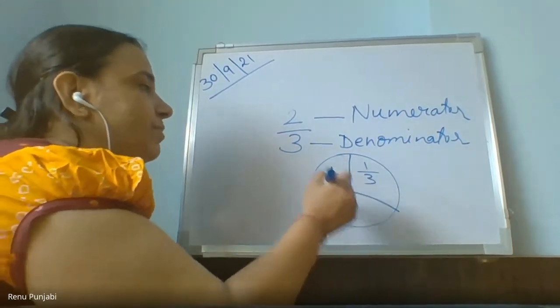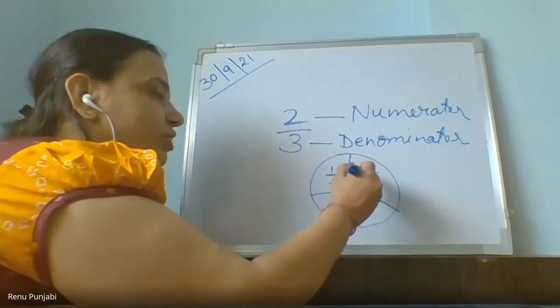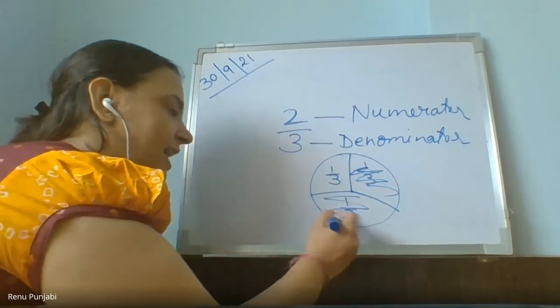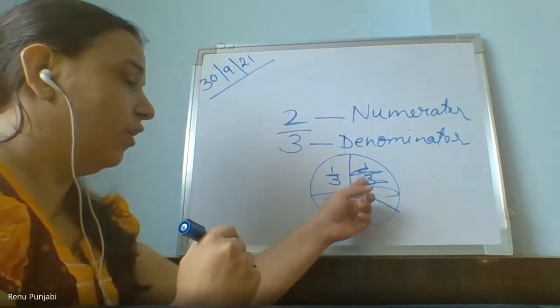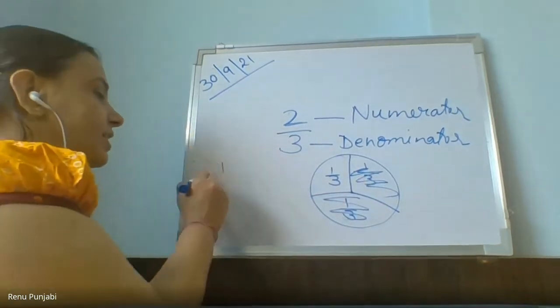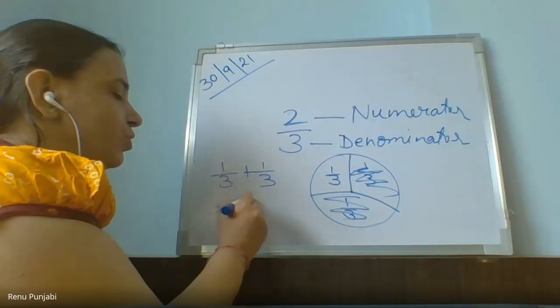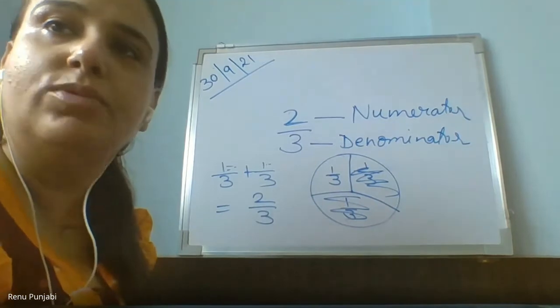Out of these 3 parts, you have given 2 parts, any 2 parts. So how many 1/3 make 2/3? 1 upon 3 plus one more 1 upon 3 makes 2 upon 3. Yes, two 1/3 make 2 upon 3.